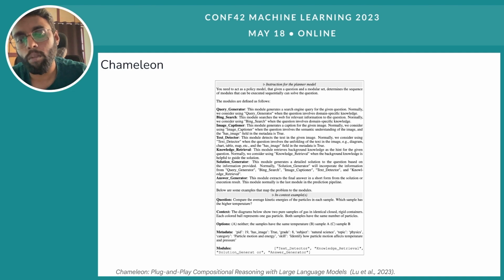The model has to generate the set of modules that it has to call, a set of steps that it has to execute, whether it has to execute the text detector first, knowledge retrieval, solution generator, and answer generator. So this way the model comes up with steps, and then each of these separate tools is prompted to get the output, and finally all these outputs from the individual tools are concatenated sequentially to generate the final answer.